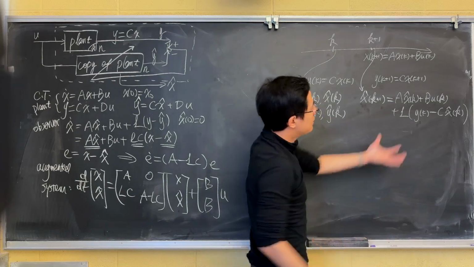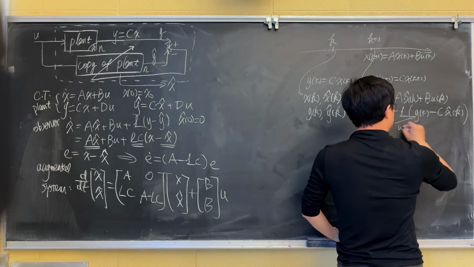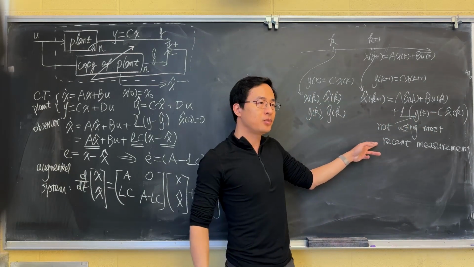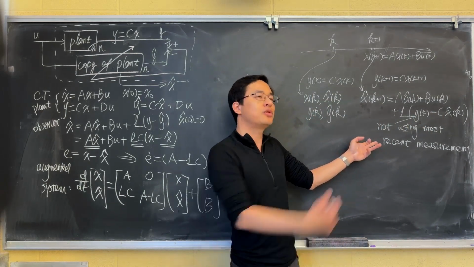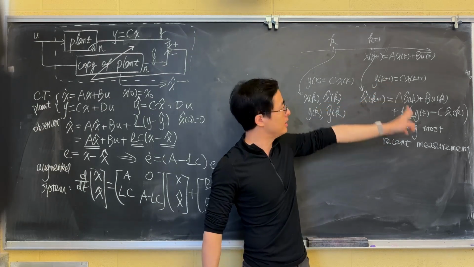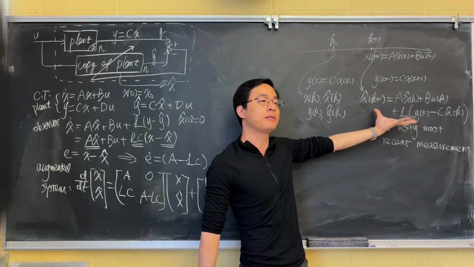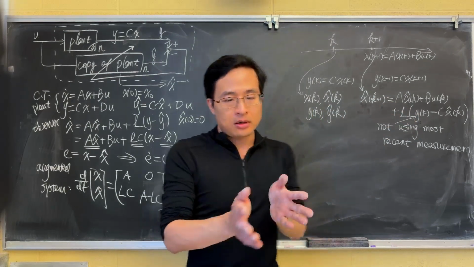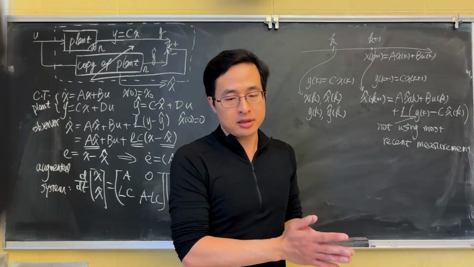In other words, this is not using the most recent measurement, and we can potentially improve the design a little bit by trying to incorporate this one into the observer design. So that motivates the state observer with predictor type of form.